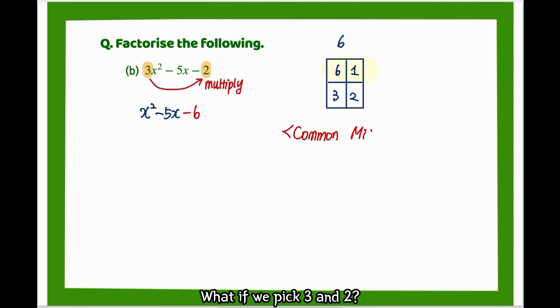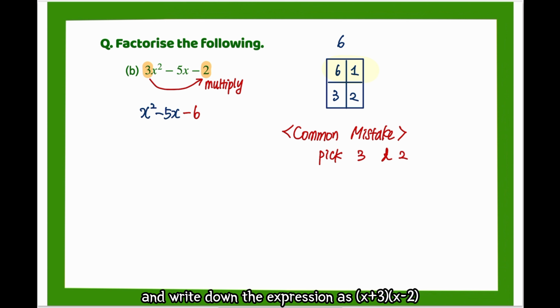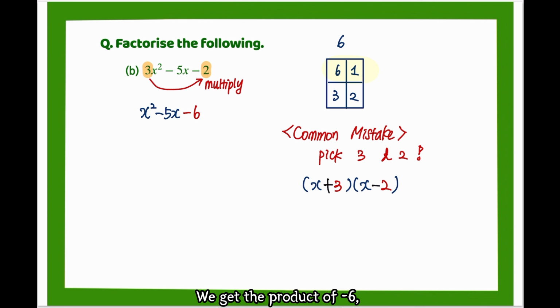What if we pick 3 and 2? And write down the expression as x plus 3 and x minus 2. We get the product of minus 6, but the sum is different. Expand it.